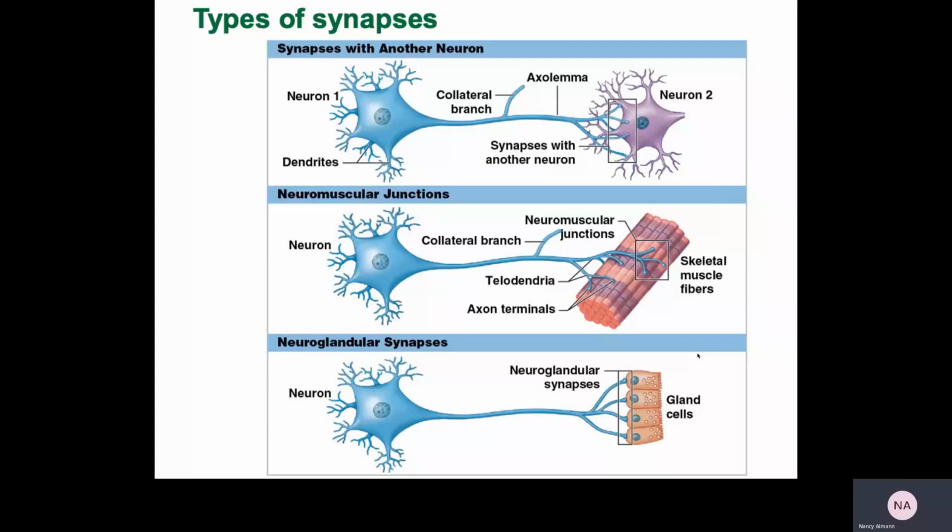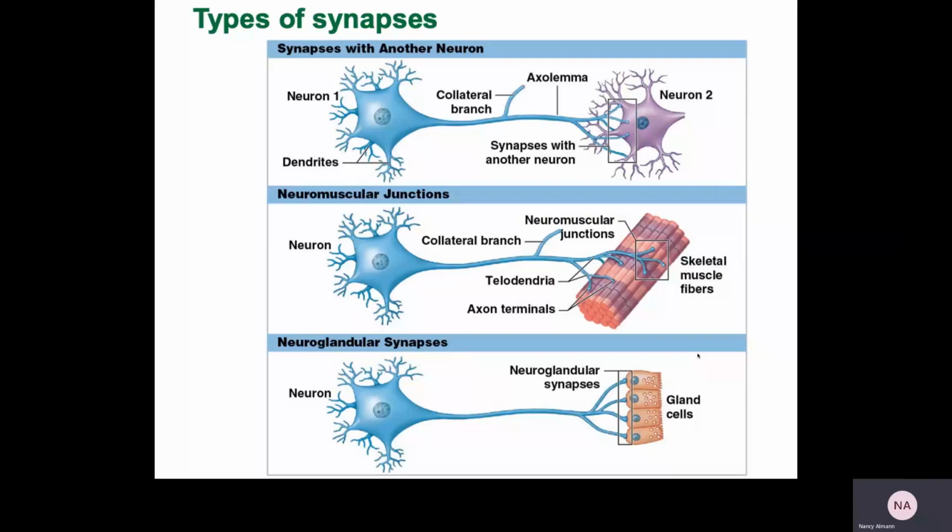So we have different types of synapses, because a neuron, if it's partnered with another neuron, as are millions of neurons in the central nervous system, can talk to another neuron, so it'll synapse with that neuron. We've already talked about neuromuscular junctions. So the motor neuron in this case is communicating with a muscle.